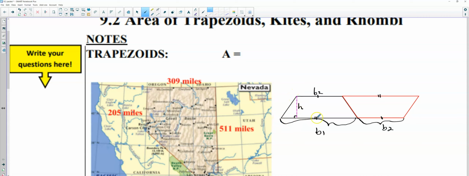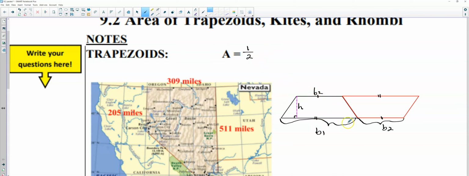If I take the whole base of this parallelogram and multiply it times the height, I would have the area of this whole parallelogram. However, I want the area of this trapezoid. Notice this trapezoid is half of the whole parallelogram, so I'm going to put that there because that's part of the formula.